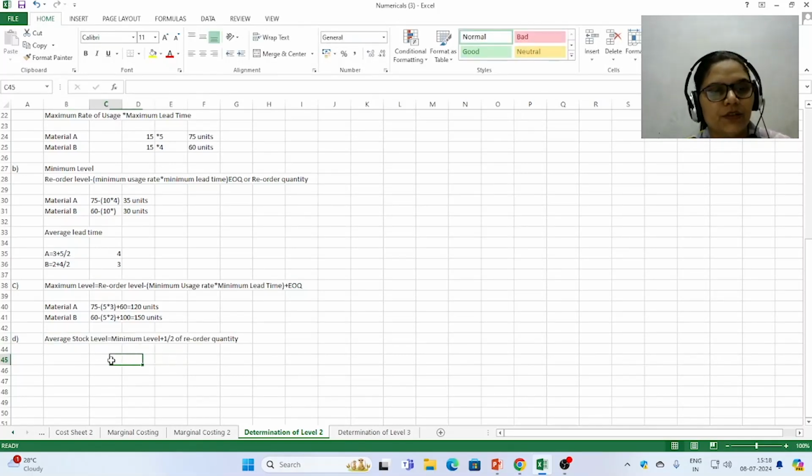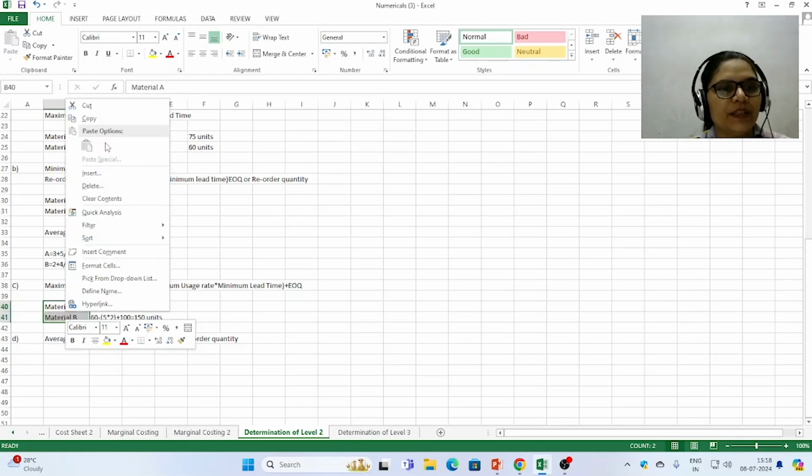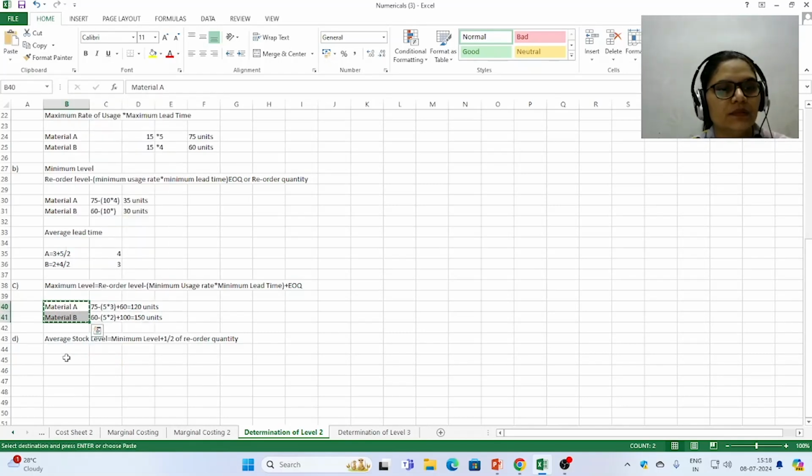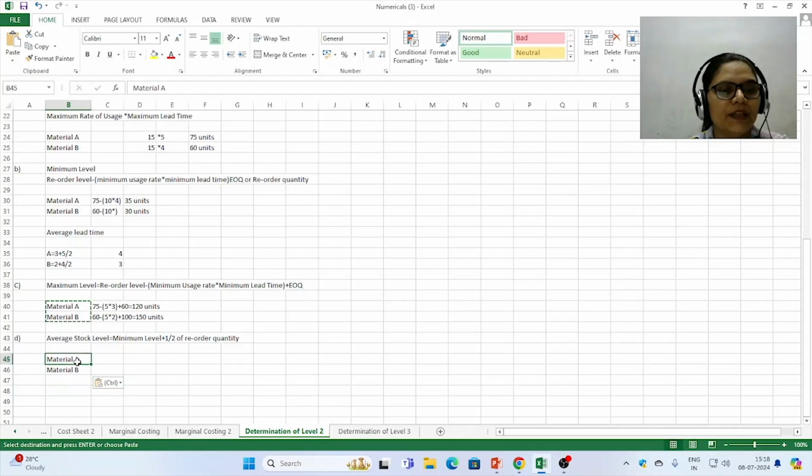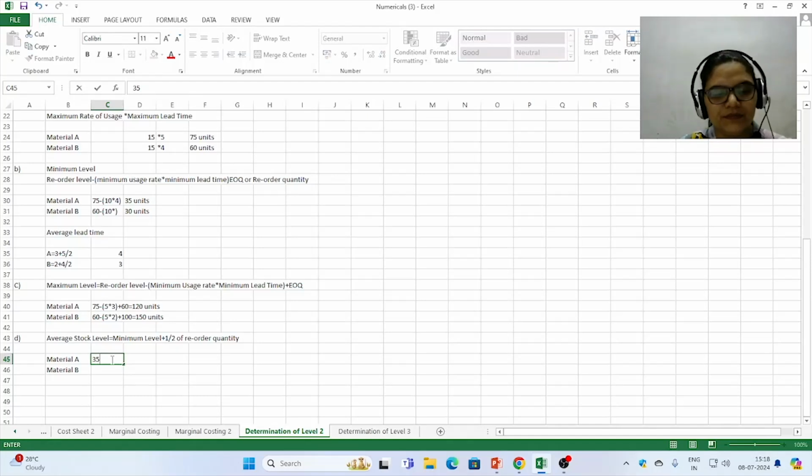Now, average stock level will be calculated for material A and material B separately. For material A, average stock level is equal to 35 plus half of reorder quantity 60.